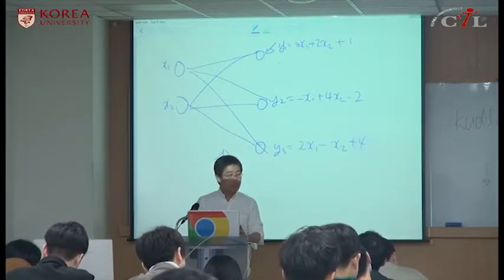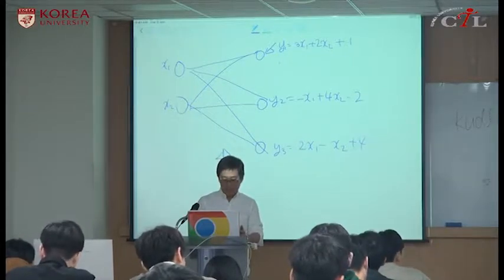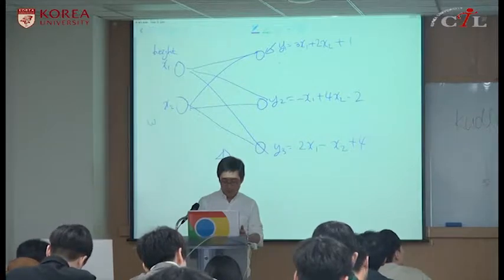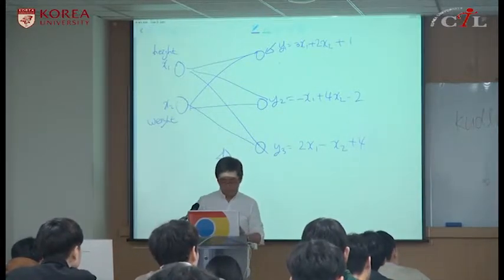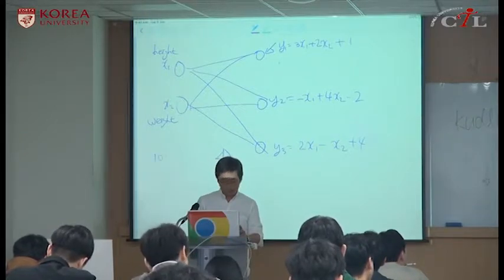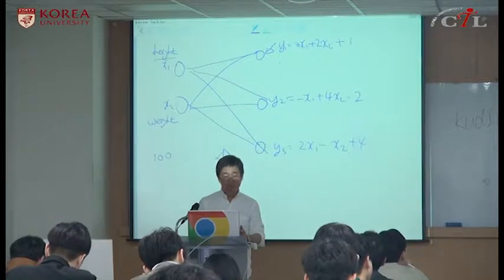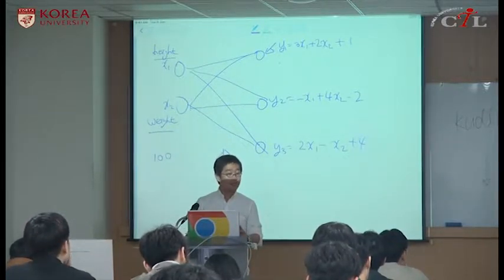Okay, and let's consider this is our first layer, and the inputs are maybe height and weight. Suppose our training data is composed of 100 points, right? Then we will have 100 vectors composed of these height and weight pairs.